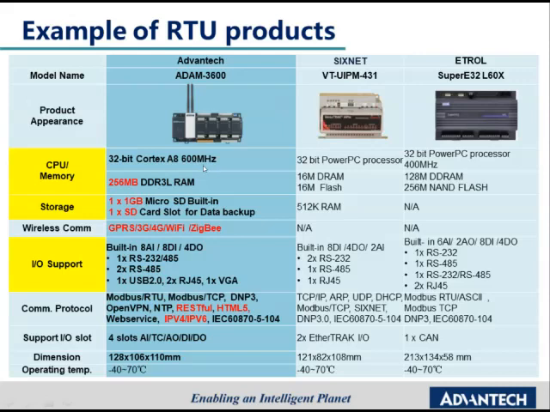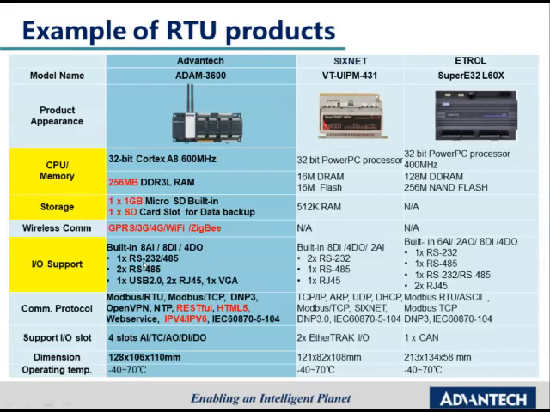The storage interface includes one 1GB built-in micro SD card and an extra SD card slot for data backup. The I/O interface of Eden 3600 includes onboard I/O, serial, USB, LAN, and VGA interfaces. We will explain these interfaces in the following slide.